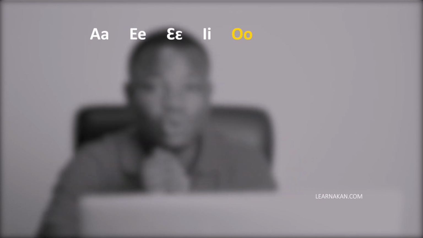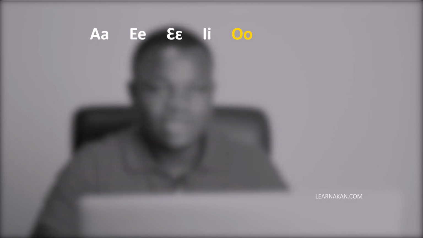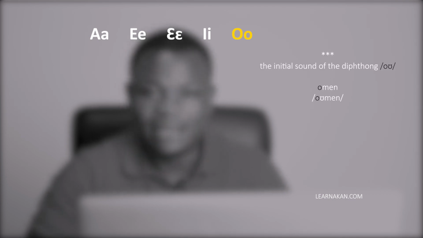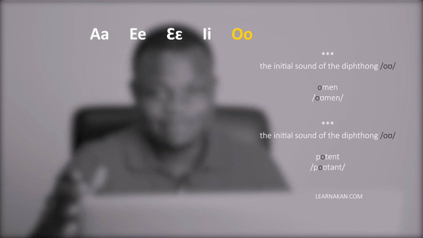Okay, on to the next vowel, and we have O. Okay, and this is one of the vowels that come with two possible sounds, so we'll be looking at them later, but the vowel itself is O. So this is the O that you find in a word like omen, okay, omen or potent.